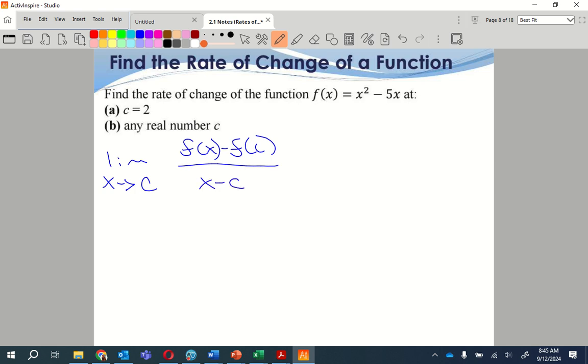So this is going to be f of x, that's this first part, minus c is going to be 2. I plug it in there. 2 squared is 4. Minus 10 is going to give me a negative 6, all over x minus 2.